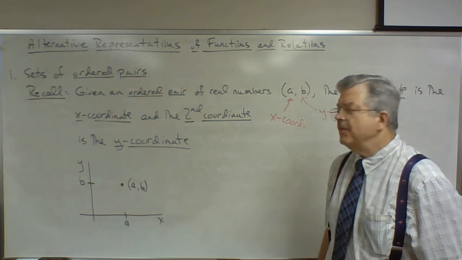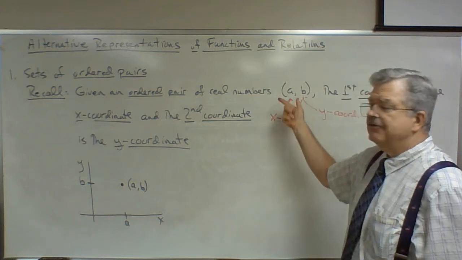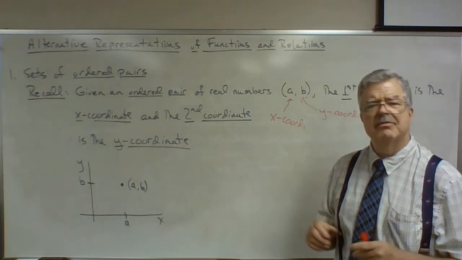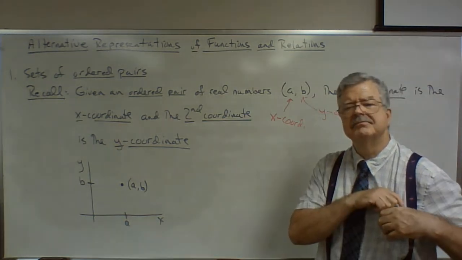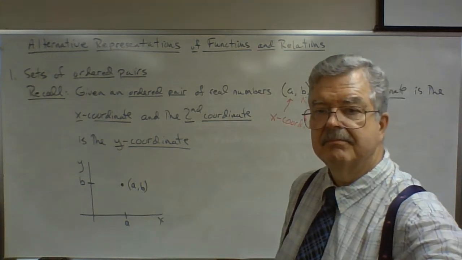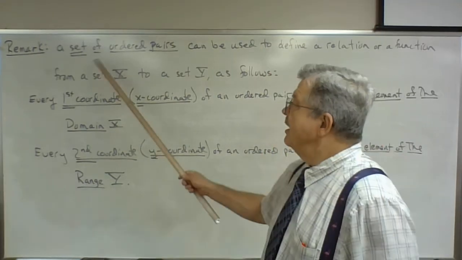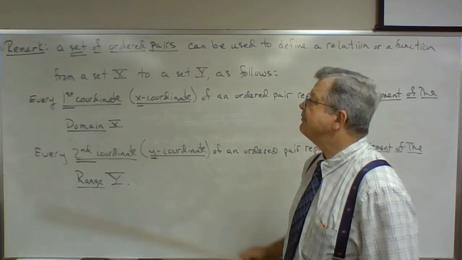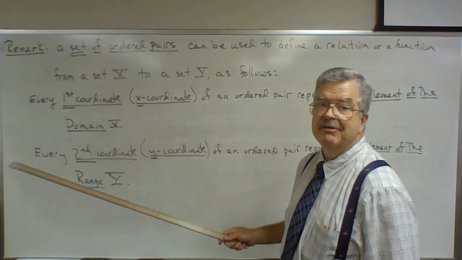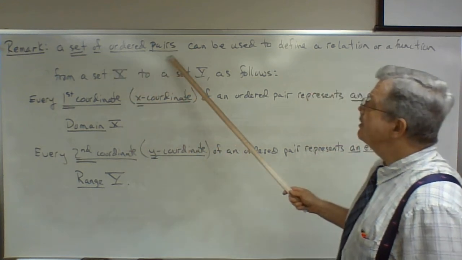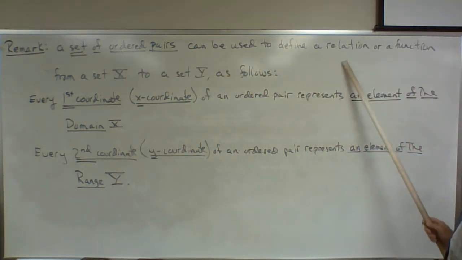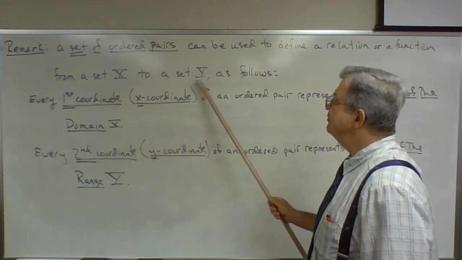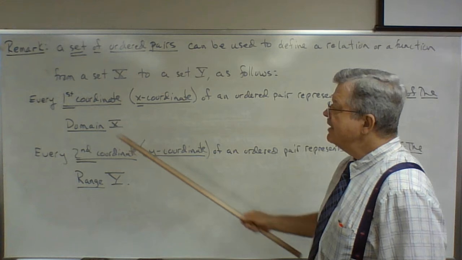Now let's see how we can take a set of these ordered pairs and somehow turn that into a relation or a function. Here's our first alternative to defining a function or a relation. A set of ordered pairs can be used to define a relation or a function from a set X to a set Y as follows.